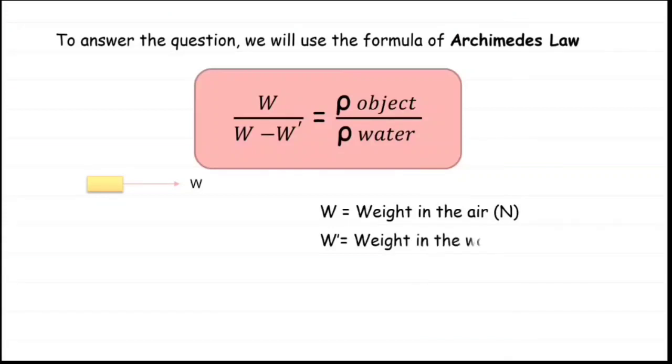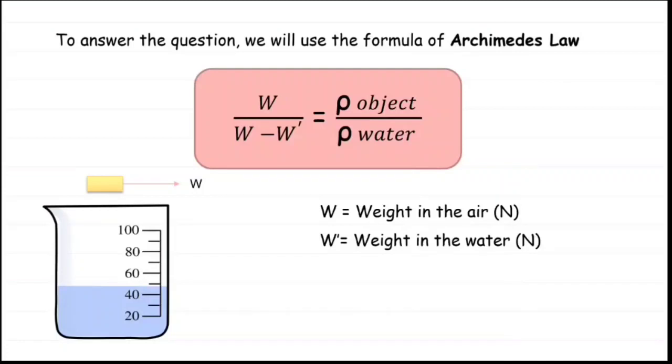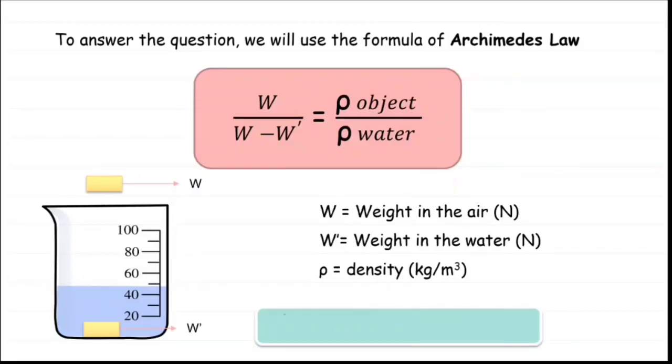And W accent is the weight in the water, so it is the weight of the gold when it is put inside the water. Rho is the density, of both object and water. As you remember, the density of water is 1000 kg per meter cubic. The weight in the water, of course, will be lighter than the weight in the air.